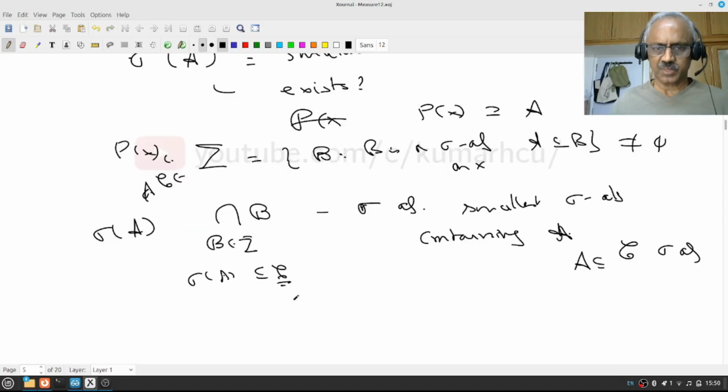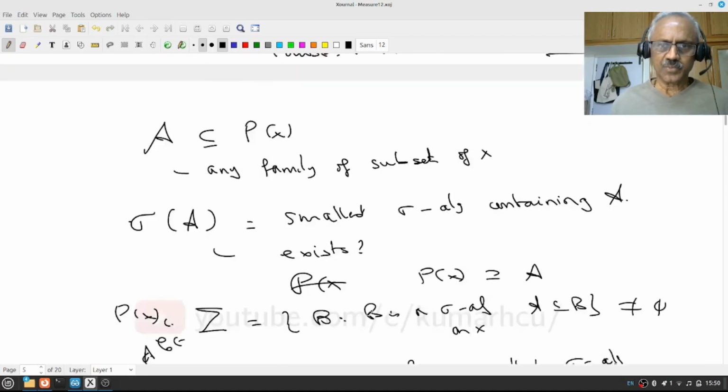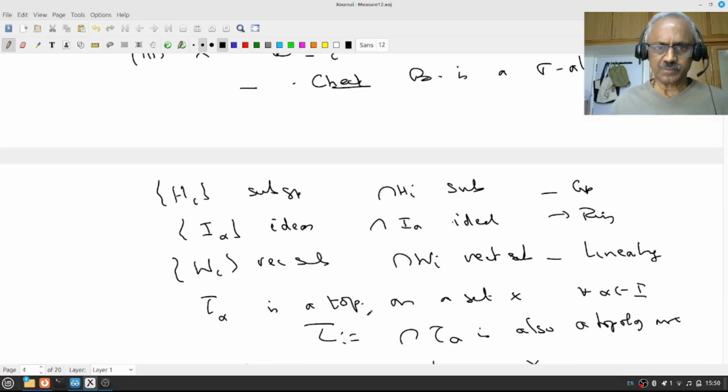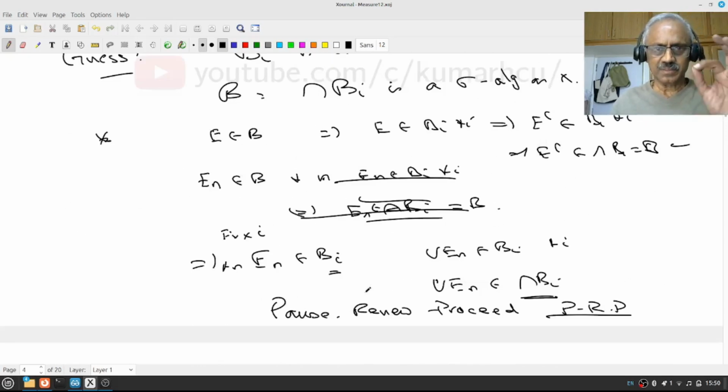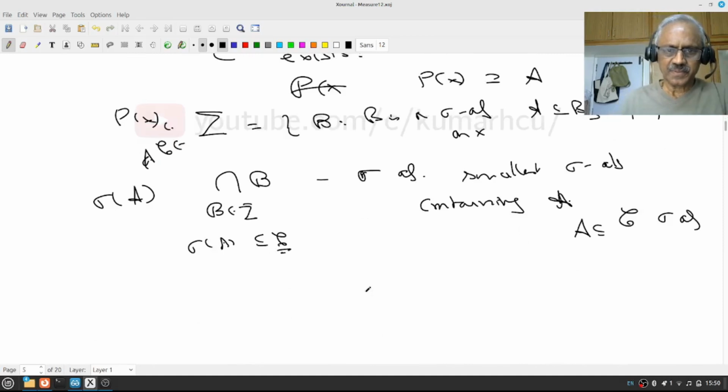Therefore, it's the smallest sigma algebra. Those of you who have learned topology from me, or linear algebra, know that this is a very, very standard concept. Okay, so pause, review, proceed.